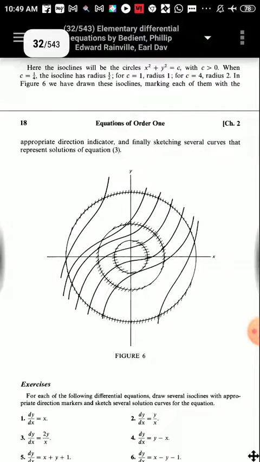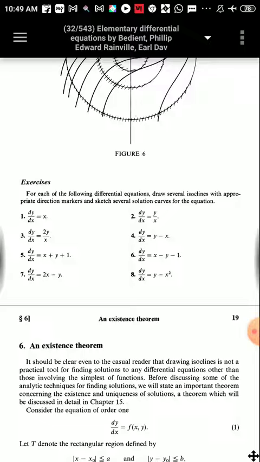So in figure 6, the isoclines of the given differential equation are given. To find the isoclines of a given differential equation, there are many examples given here. There is one exercise. You can take a screenshot and try to solve these problems.